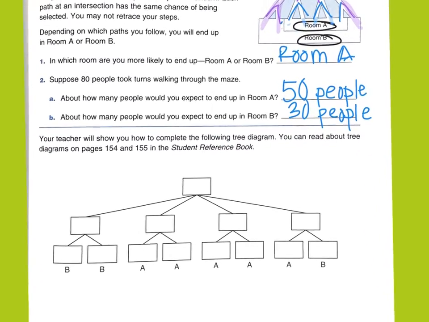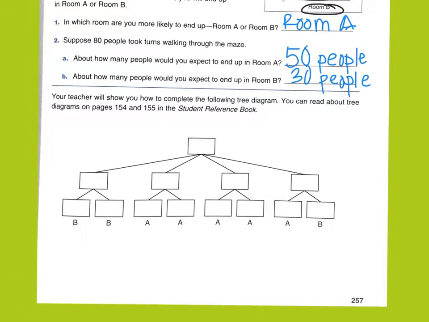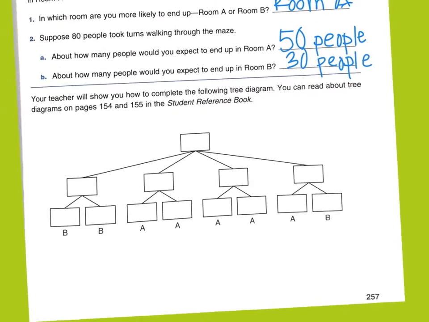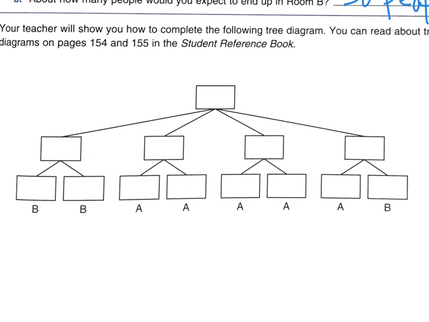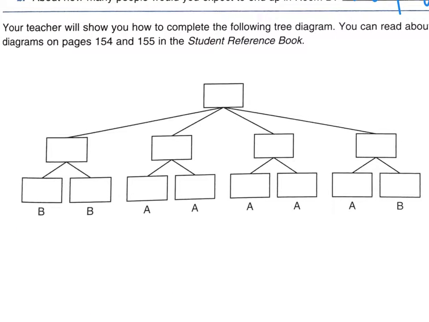Looking below now, we are going to be filling in this tree diagram. This is exactly what we started doing up at the top, and luckily you have your math journal page so you can see, and zoom in as much as we can. What we're going to do here is start at the top, and this is what I started doing on the previous tree diagram, and we just want to be able to write the numbers here. So we started with 80 people, and that branches off 4 different times, and we are assuming that it's equally likely that they will choose one or the other.